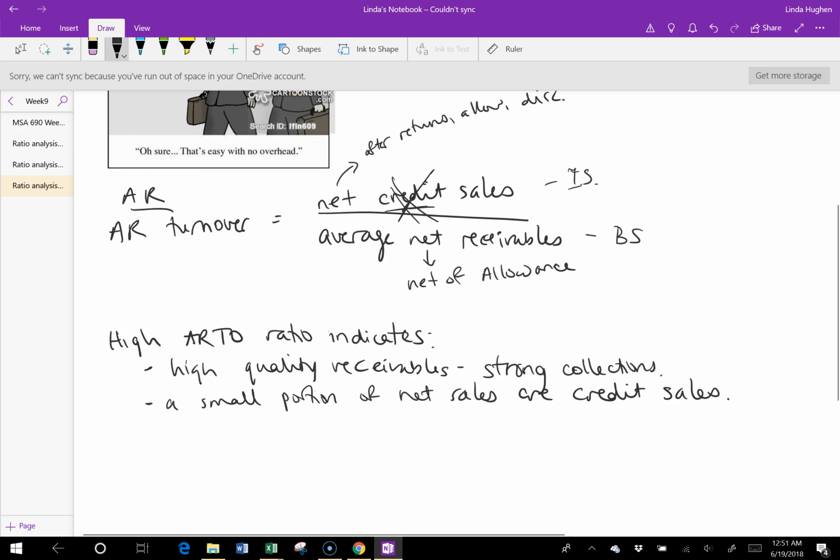And if the footnotes do not tell us anything about the credit sales, then it's hard for us to determine whether a high accounts receivable turnover ratio is from this first factor or this second one. Related to both of these points, a high accounts receivable turnover could also signal that the company has a very conservative policy of granting credit.